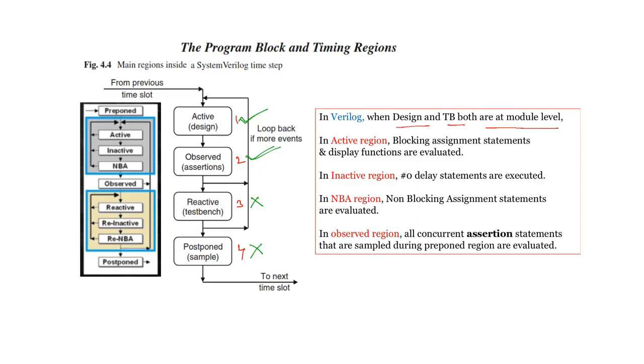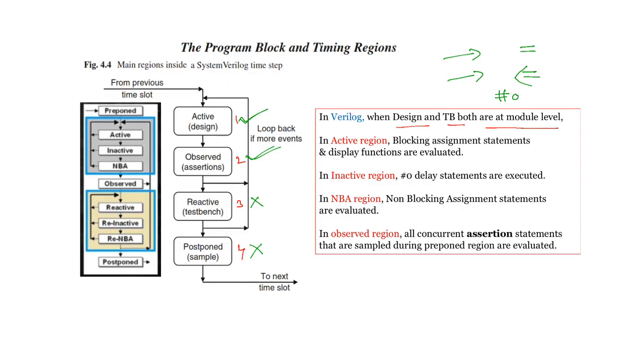Since both are written at module level, within a module the statements can be divided into blocking statements, which use the blocking assignment symbol, non-blocking statements, which use the non-blocking symbol, and zero delay statements, for clocking blocks while driving the signals.